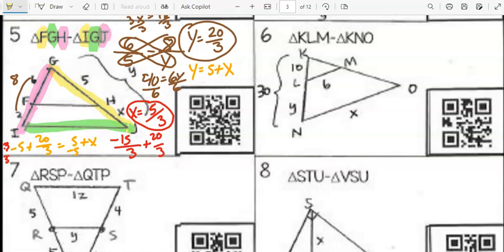Okay, on number 6, we have triangle KLM is similar to triangle KNO. The K goes with itself.